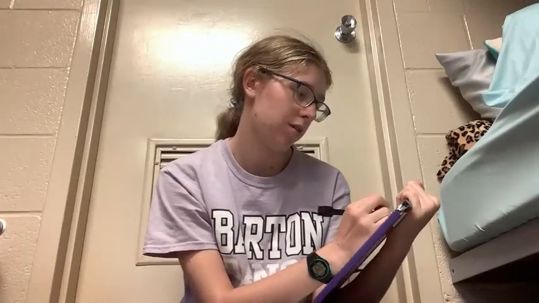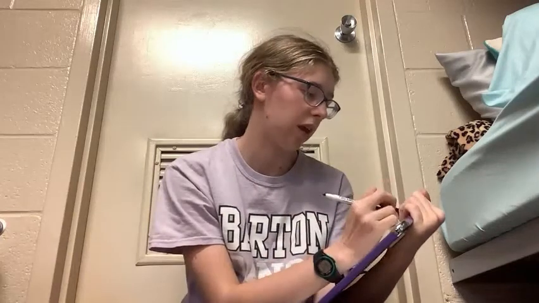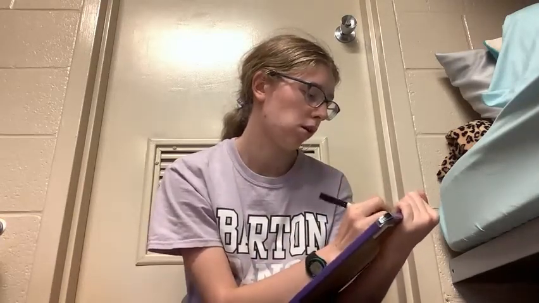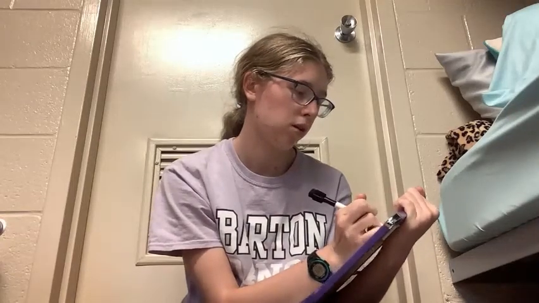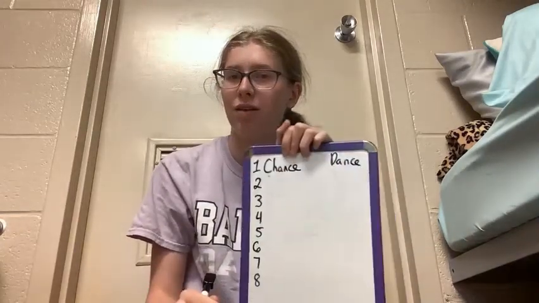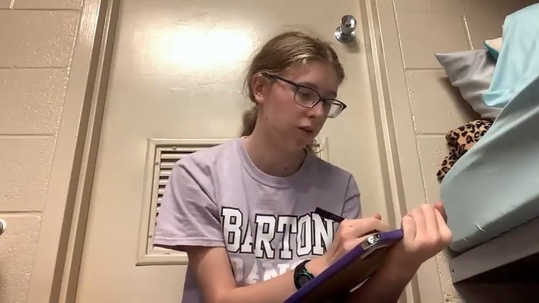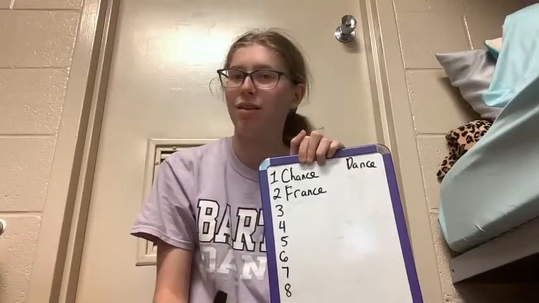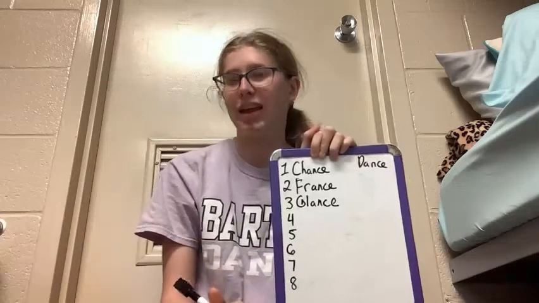So the first person in my circle could write, oh, that needs to be a capital letter. Chance. The second person in my circle could write brands. The third person in my circle could write glance.